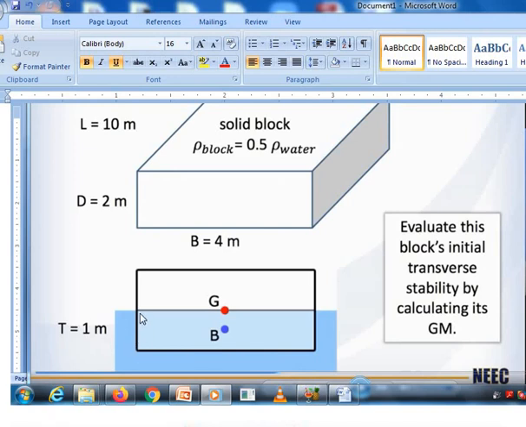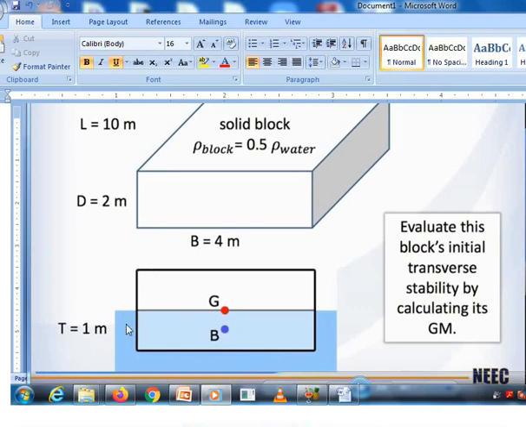So for the center of buoyancy of the block, it is where the water is touching the block, and that is 1 meter. So half of it, which is the center of buoyancy, is supposed to be 0.5.